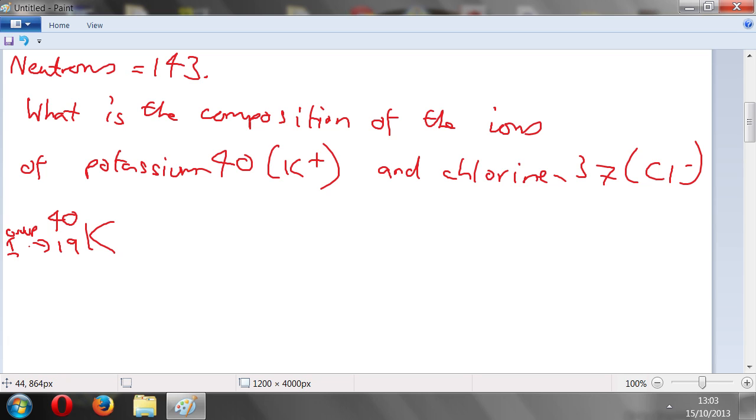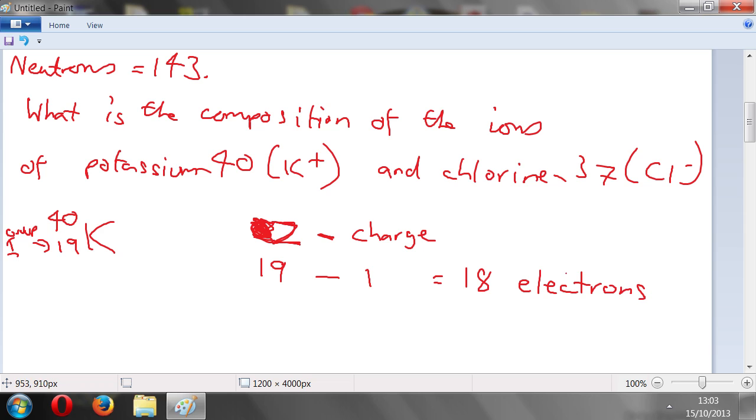But we do have a charge on the ion, and we said that to get the number of electrons, we take the atomic number, which is the number of electrons in a neutral atom, which is the same as the number of protons, which is 19. Then we simply subtract the charge, and the charge here is 1, so we get 18. So we have 18 electrons there.